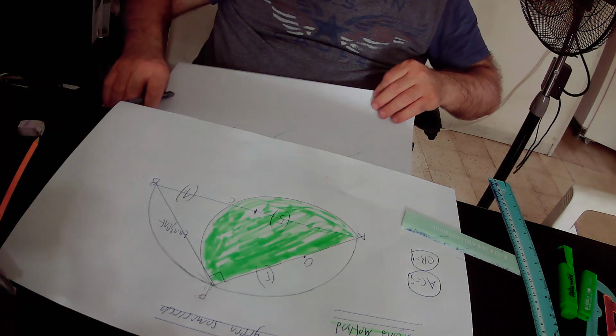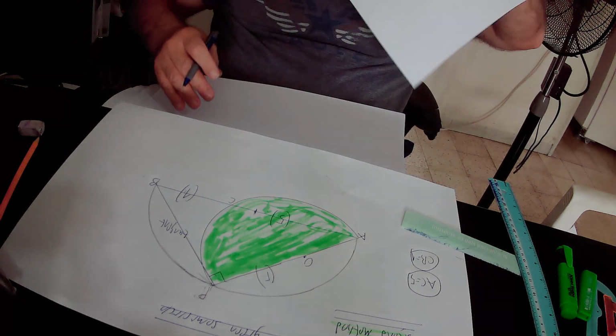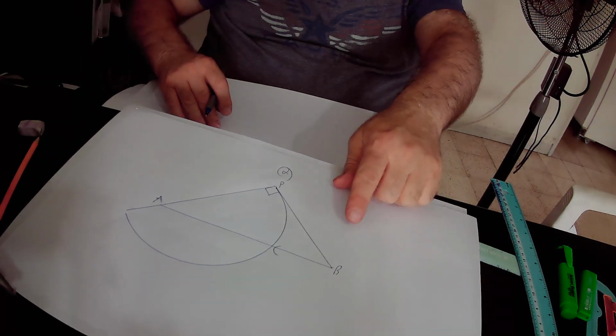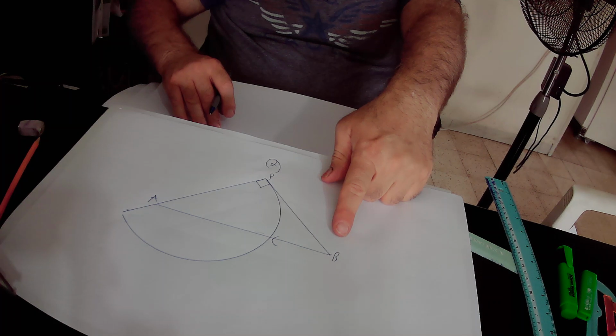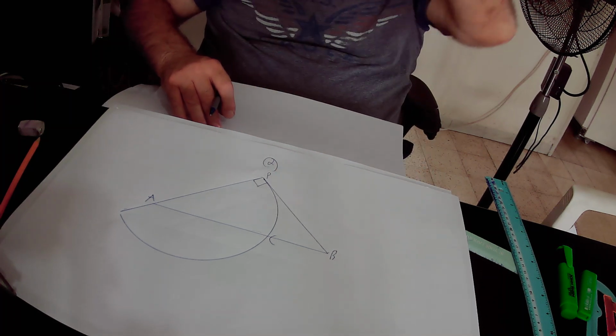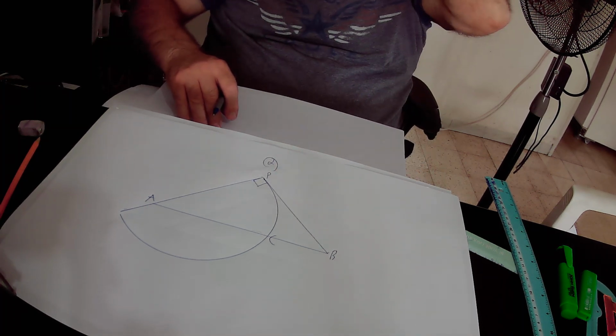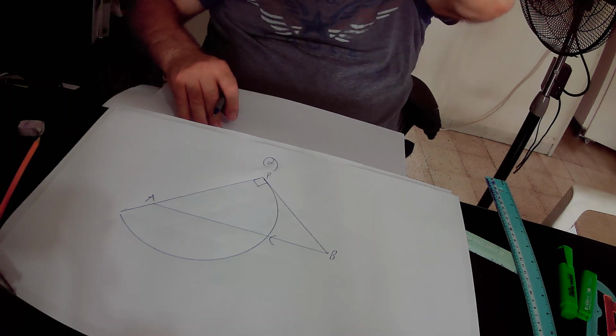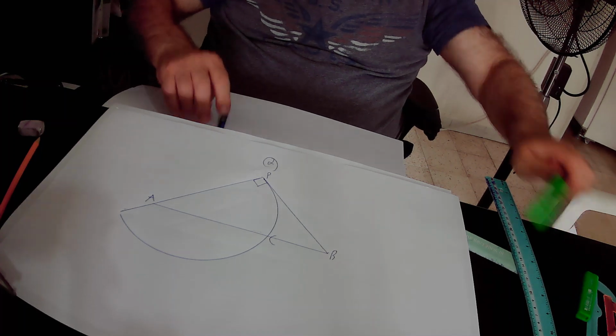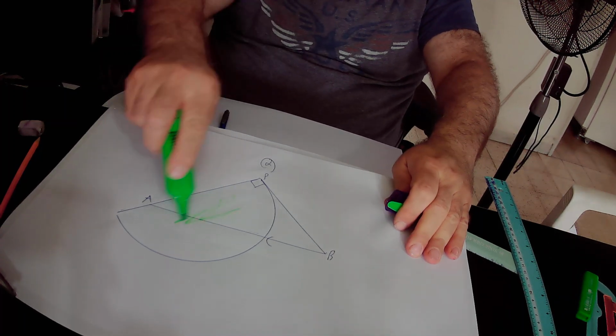So actually, from the external point B, we have tangent BP to the green semicircle.